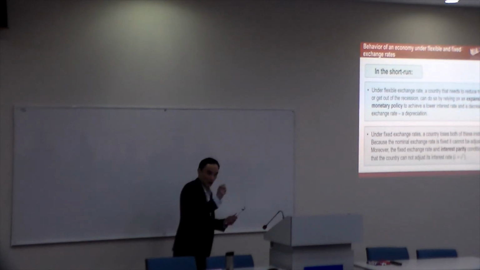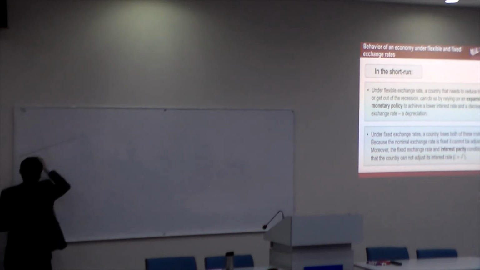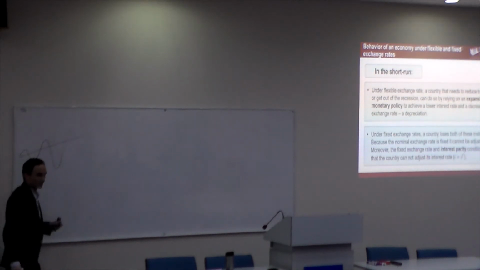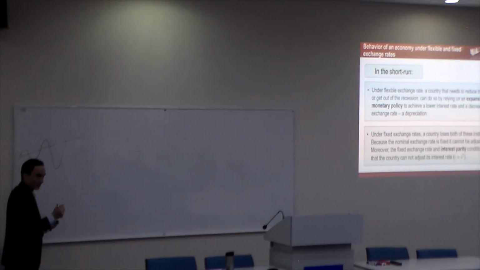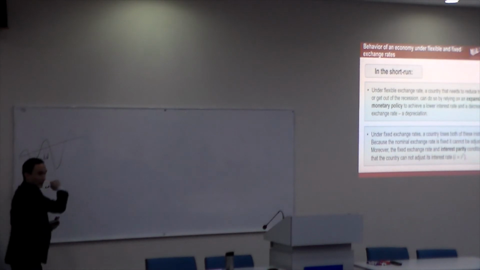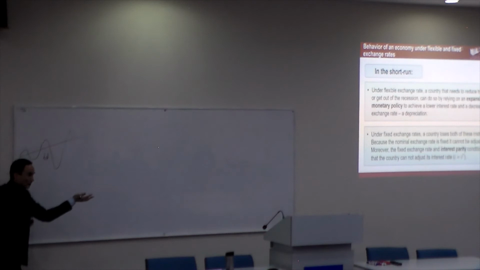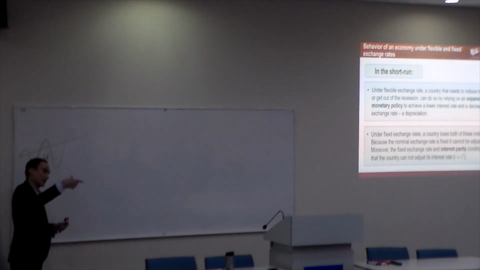If the country experiences recession, which means output is below potential output, on the flexible exchange rate regime the country can reduce the interest rate, yes? Or they can print money into the economy in order to increase consumption, in order to increase investment in the economy, to run the businesses again.